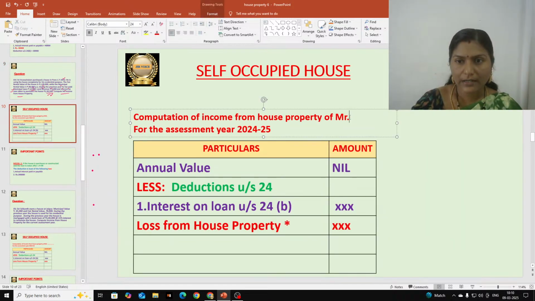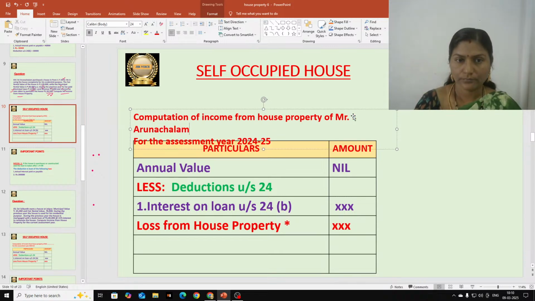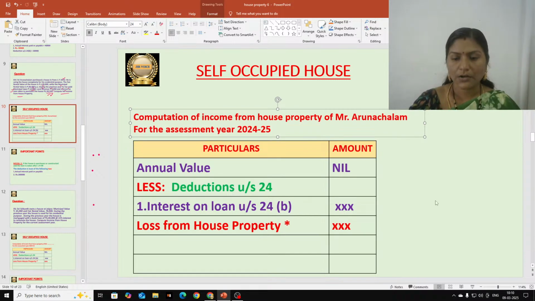So write here Arunachalam. Arunachalam is the name of the assessee for the assessment year 2024 and 25. So we are going to calculate income from house property for the assessment year 2024 and 25.